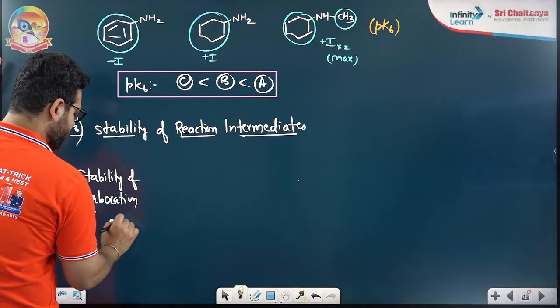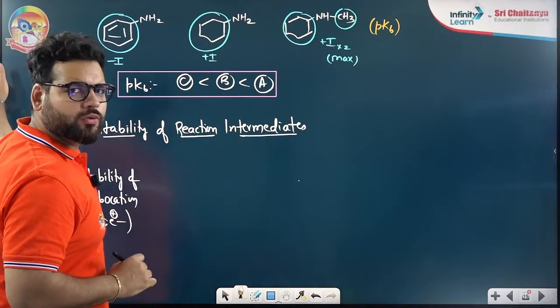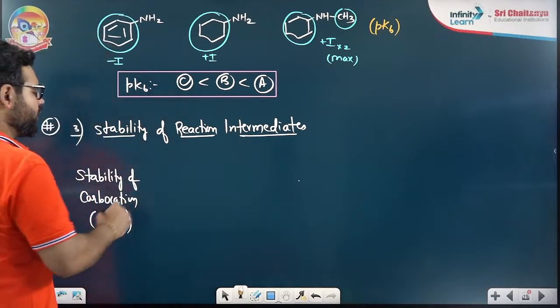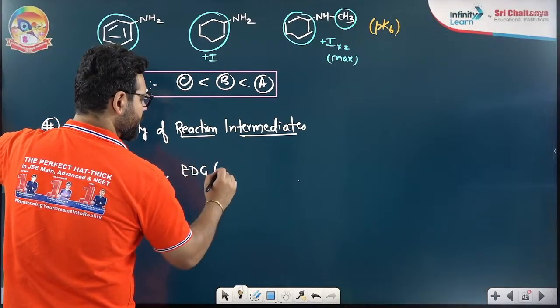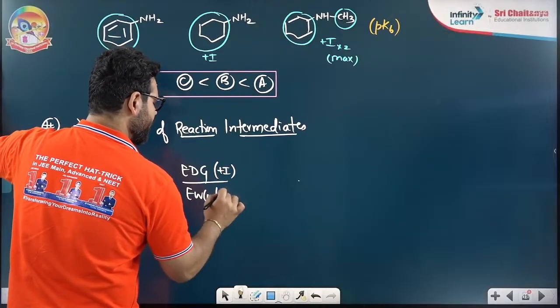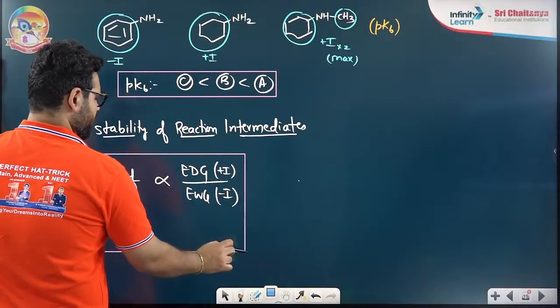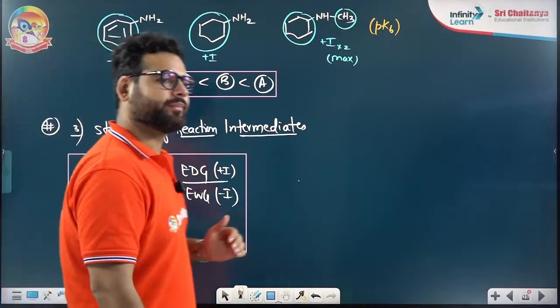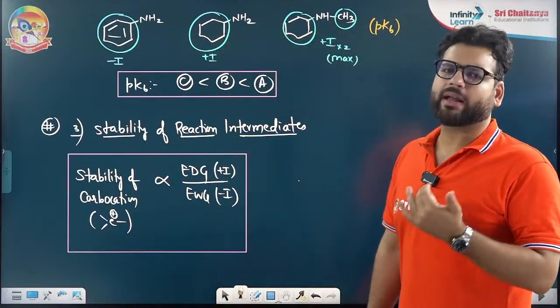Carbocation is an electron deficient species. It has a positive charge. So when you want to stabilize the carbocation, you need to send electrons. So put electron donating groups here, plus I. And if you put withdrawing groups, it will make your carbocation sad. So for carbocation, donors make it happy. For carbanions, it will be opposite.